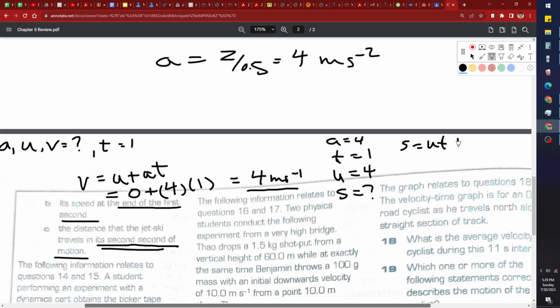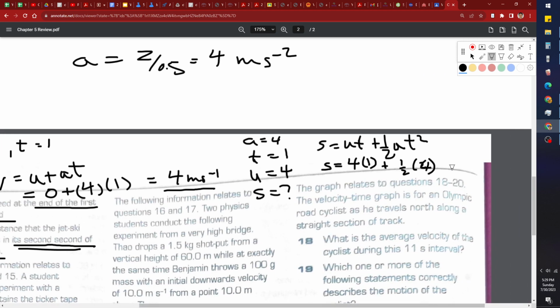But this time, you can see that U is 4 times 1 plus half of the acceleration, which is half of 4, I mean. And the next second is only 1 second, squared, 2.